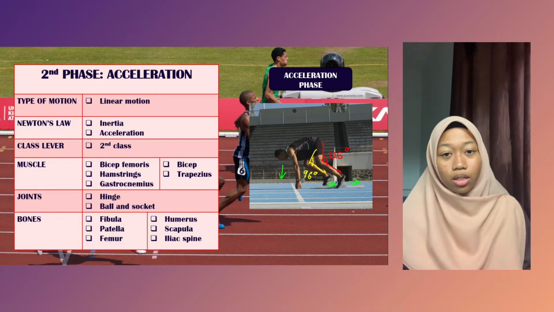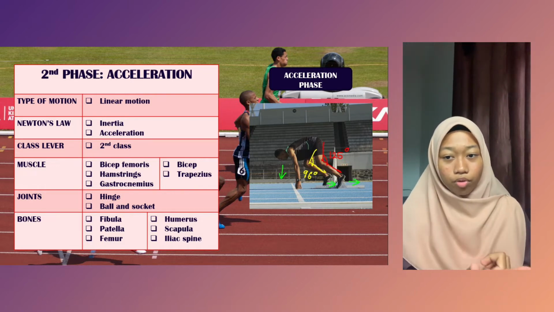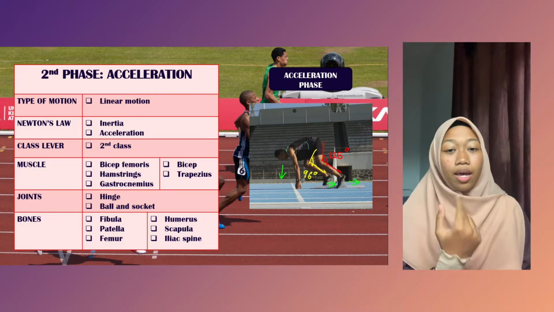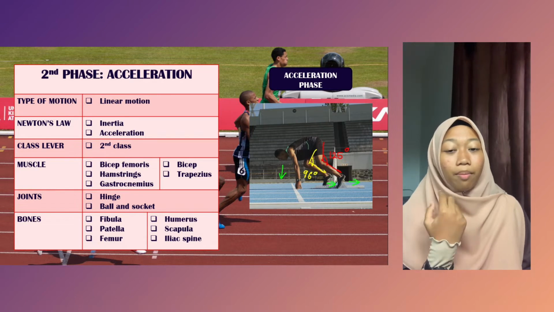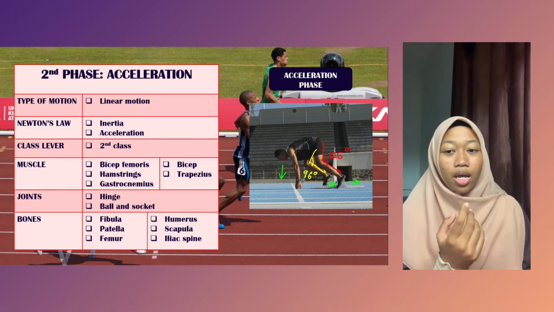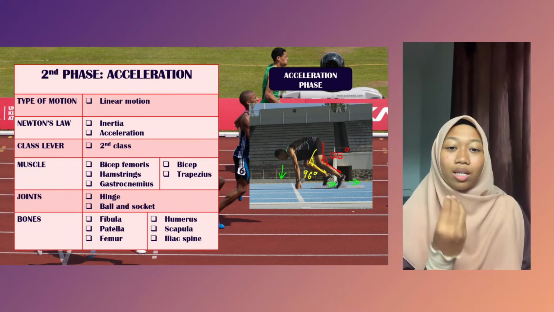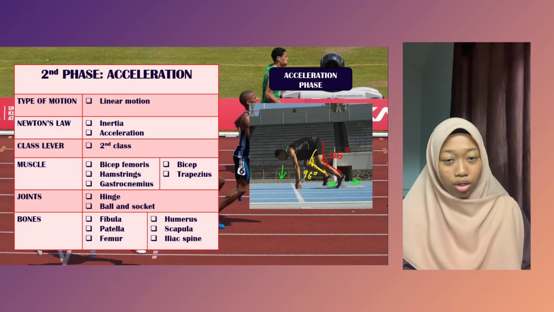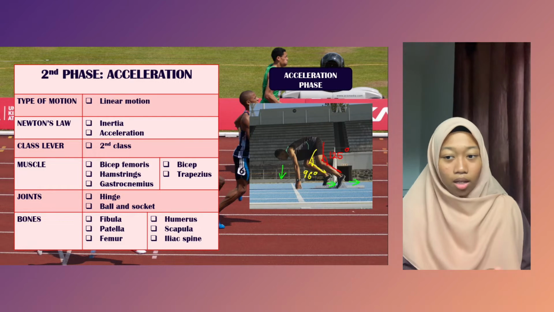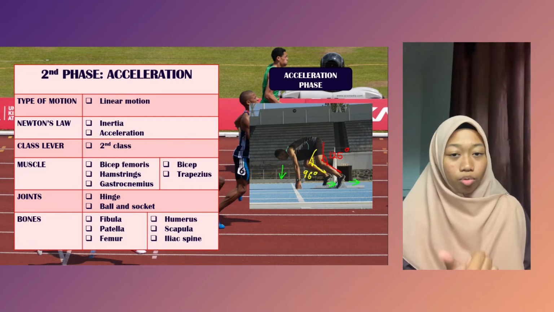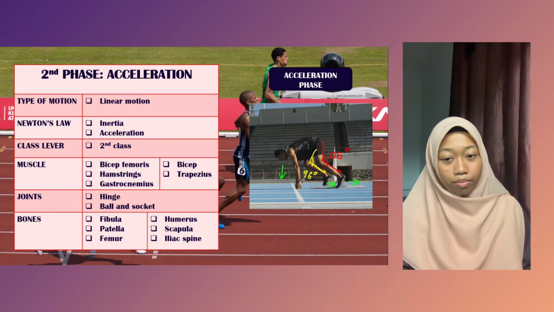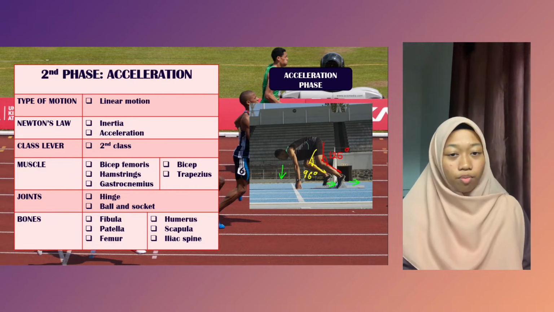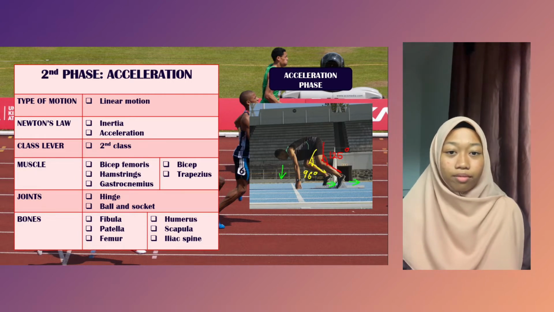For the muscles, there are biceps femoris, hamstring, biceps, trapezius, and gastrocnemius. For the joints, there are 2, which are hinge joint and ball and socket. For the bones, fibula, patella, femur, humerus, scapula, and iliac spine.